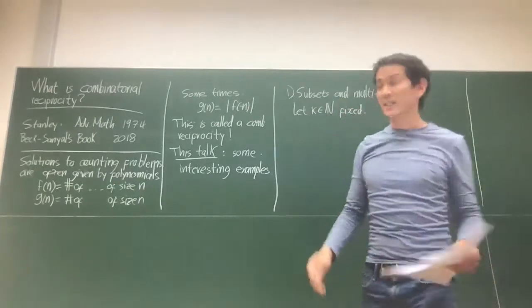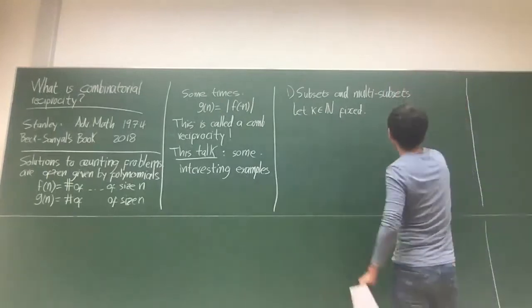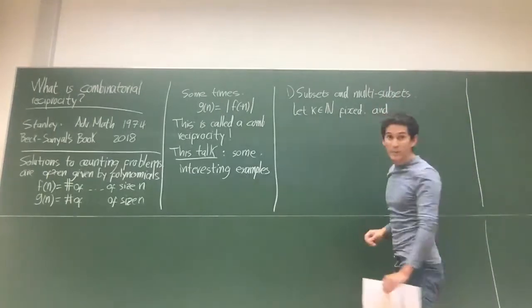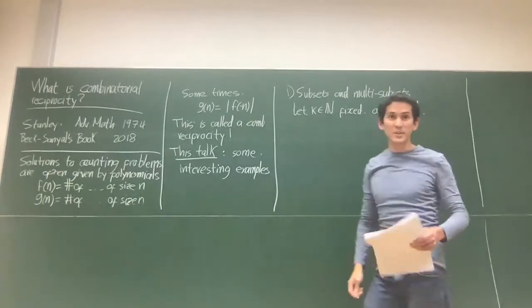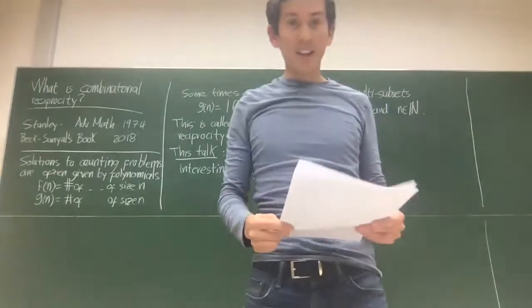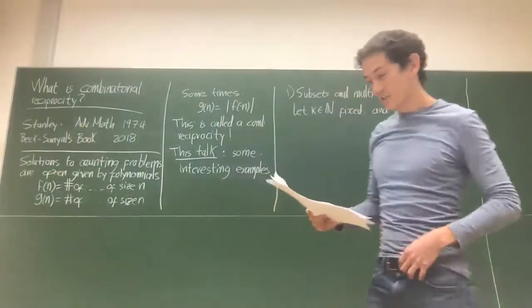So this is a constant number. And let me take a parameter n, which runs over the natural numbers. The things that we want to count are really simple.